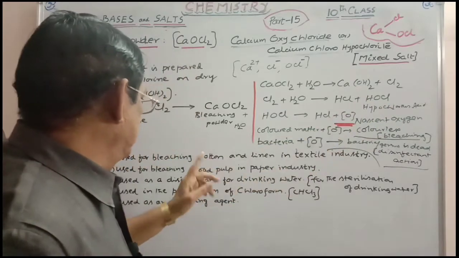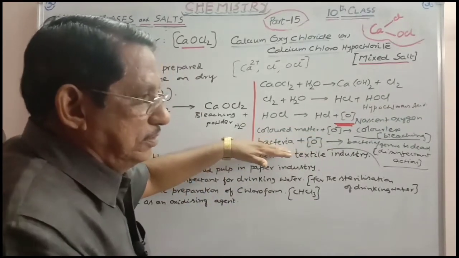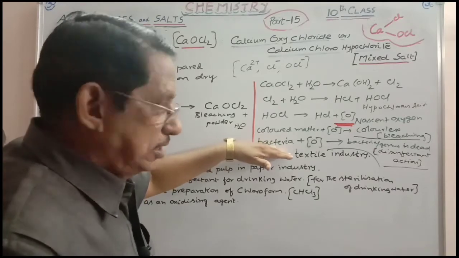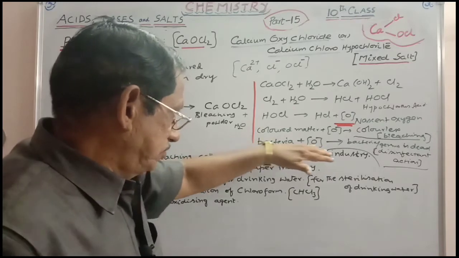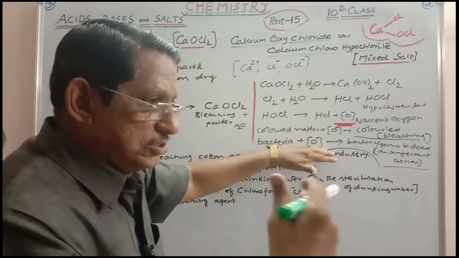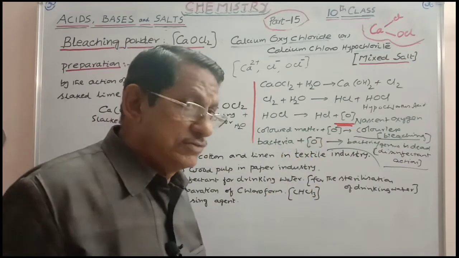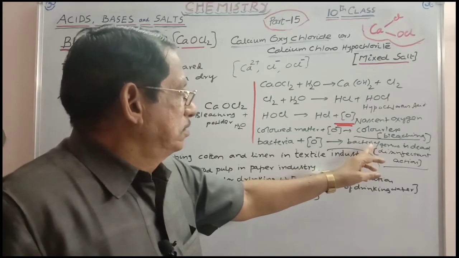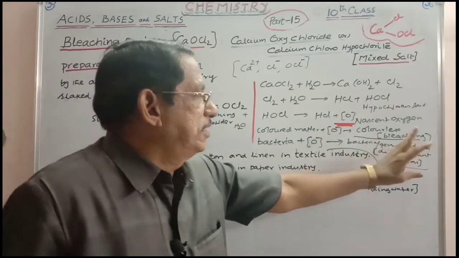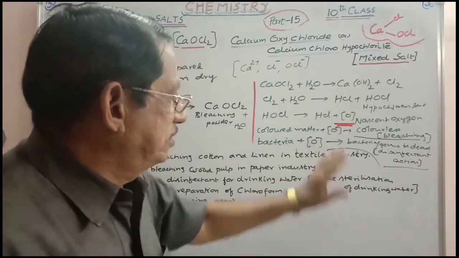In the case of bleaching cotton, bleaching wood pulp, and the bacteria present in the drinking water which causes disease, or germs which are causing disease, they will be subjected to oxidation by nascent oxygen. When oxidation takes place, bacteria is dead. This is very powerful. That is why nascent oxygen is very powerful. And so it is converted into harmless bacteria. That means it is completely dead. And when it is filtered, you will get the water for drinking purpose. Okay, that is about the action of bleaching powder.